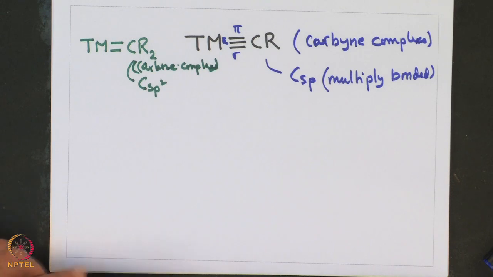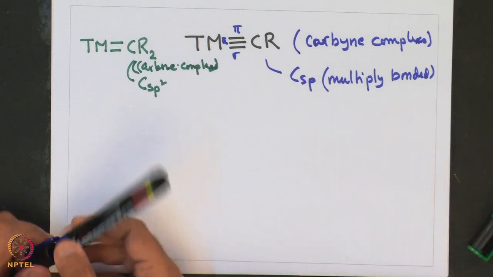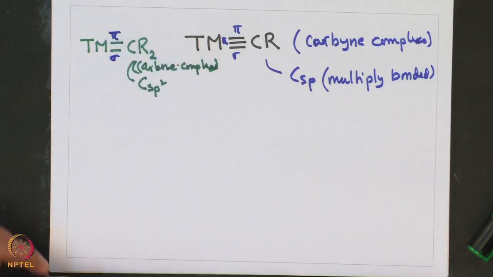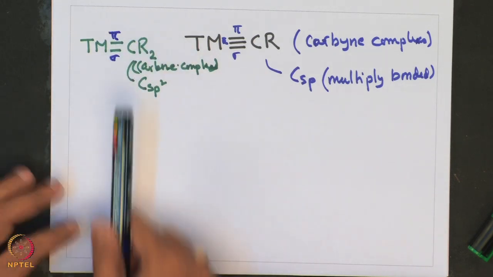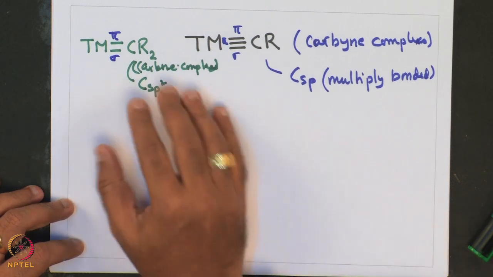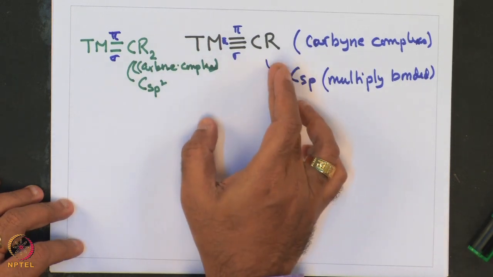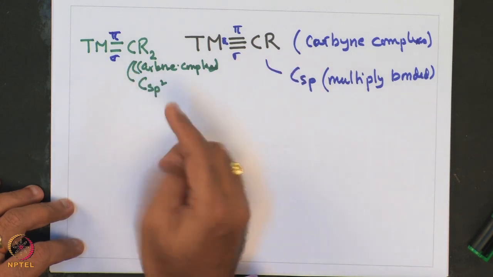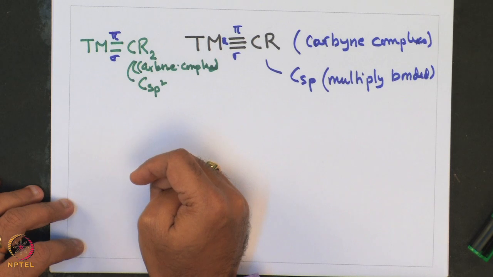And here too there is a multiple bond that exists between the carbene and the transition metal, which is a sigma as well as a pi bond.